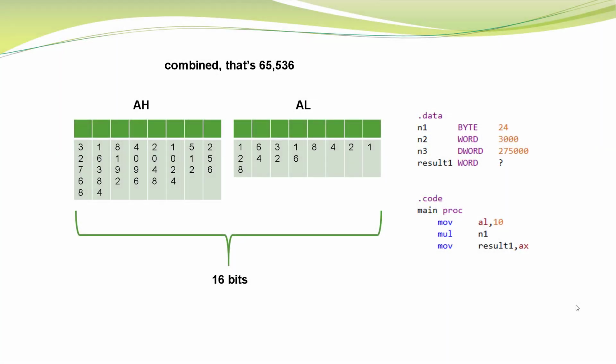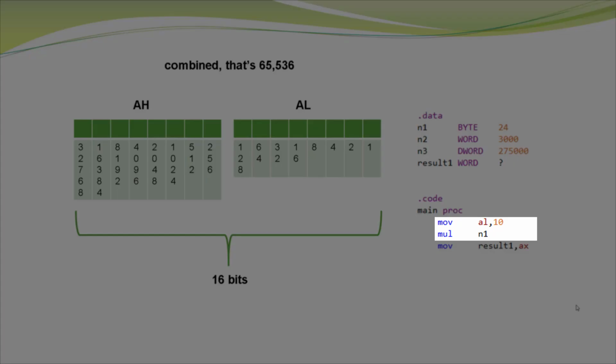Okay, so if I'm multiplying 8-bit values, I first have to put one of the values in the AL register and the other value in either another 8-bit register or an 8-bit memory location. An example would help. Let's say I want to multiply N1 by 10. Now I can do that as 8-bit multiplication. So I put the 10 into AL, and then I use the multiply instruction like this.